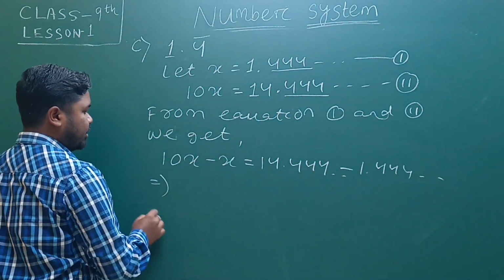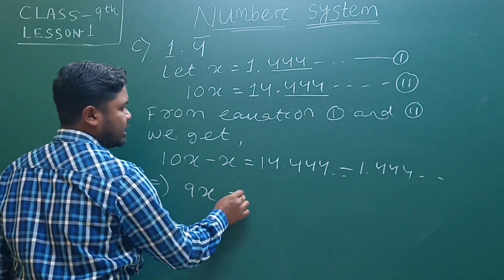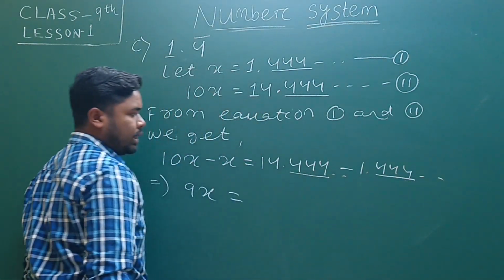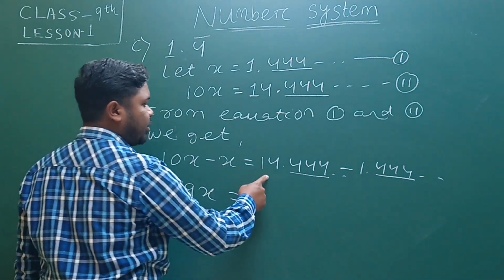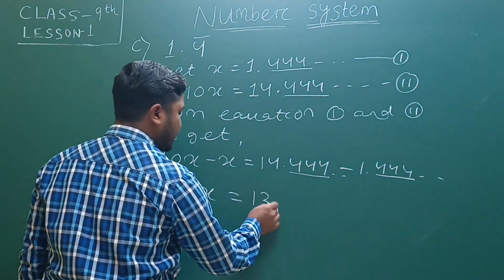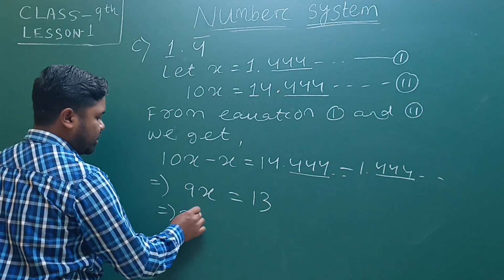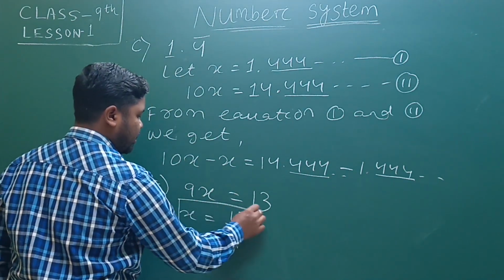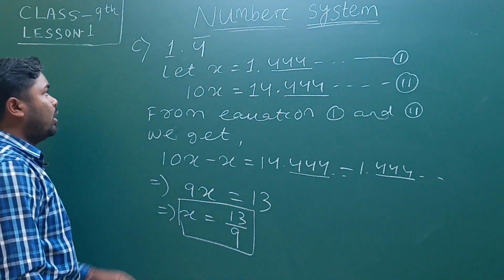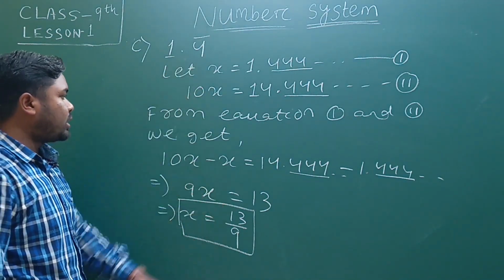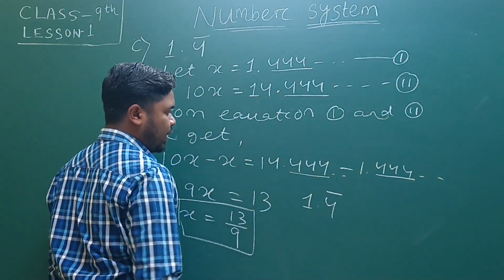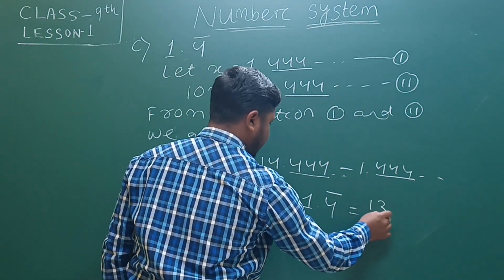See here, 10x minus x equals 9x. After the decimal points the numbers are the same, so here it is 0, and 14 minus 1 equals 13. So x equals 13 upon 9. So if we solve this decimal into a fraction, 1.4 repeating equals 13 upon 9.